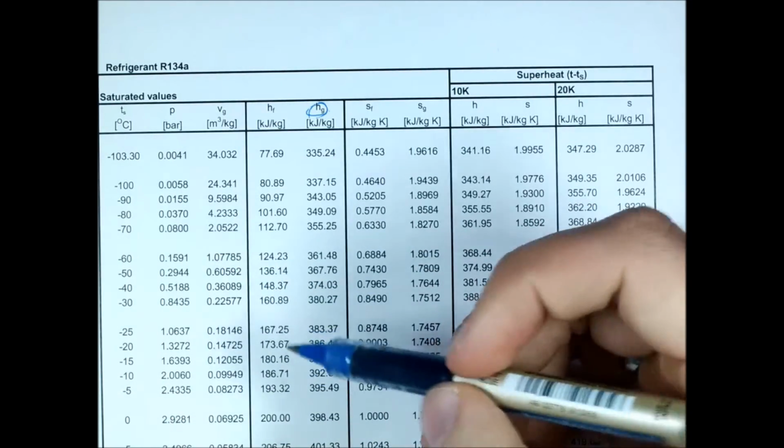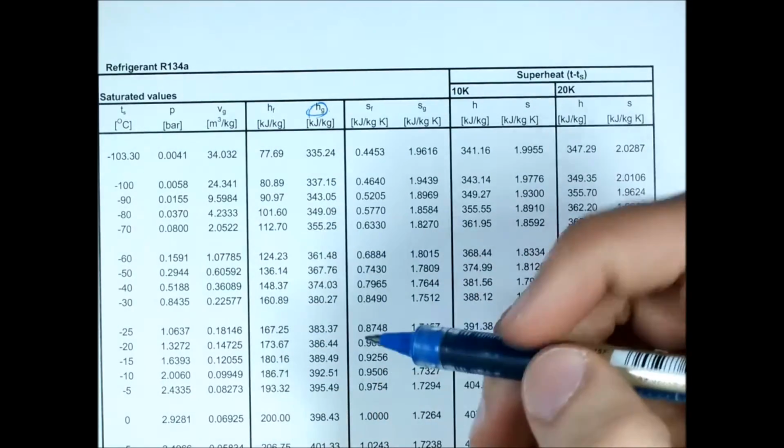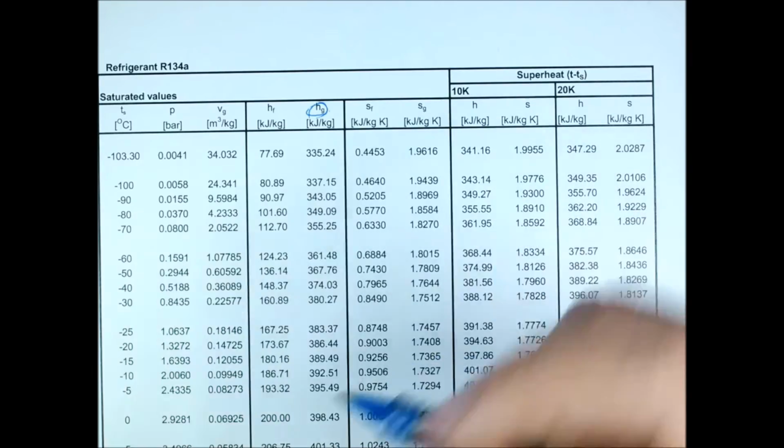What we're going to do is linear interpolation, because this is our best guess of the behavior of the process. So how do we do linear interpolation?